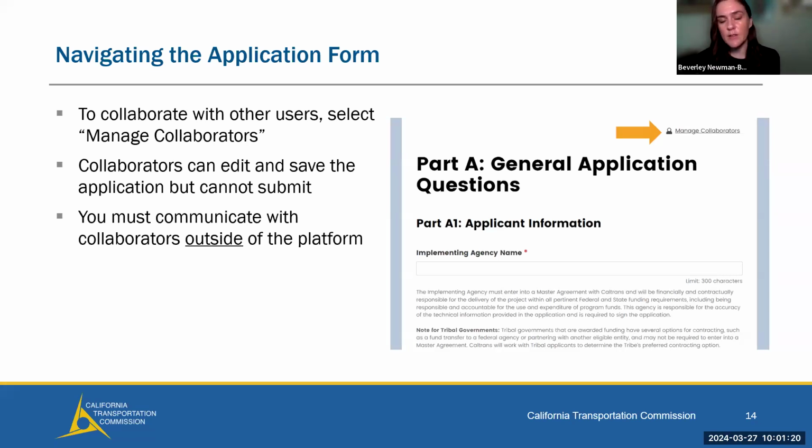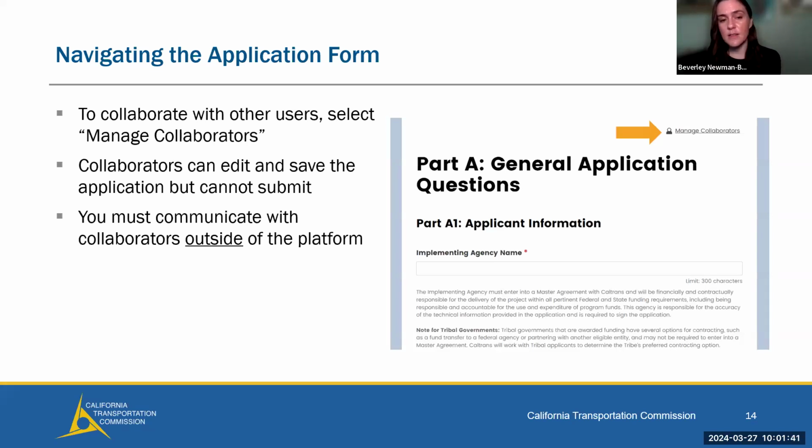Collaborators can edit and save the application, but they cannot submit it. They won't have the little button at the bottom of the application that says submit. So the person who initiated the application has to be the person to submit it.